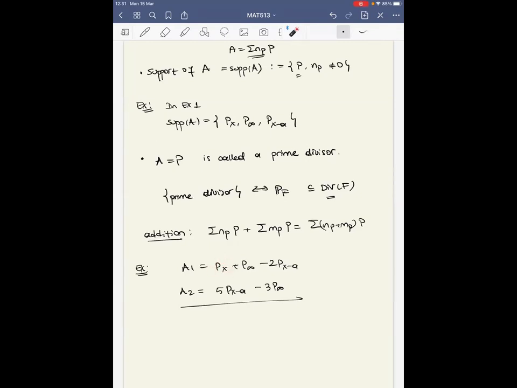For instance, we have only P_x in the first divisor and we don't have P_x in the second divisor, so this is 0 times P_x. 1 plus 0 gives us 1 times P_x. And for P_infinity, as a component-wise addition, we see that minus 3 plus 1 gives us minus 2. And we can also add these two places, and the sum of the coefficients gives us the sum of the places. With respect to this component-wise addition, we can define the addition in the divisor group.